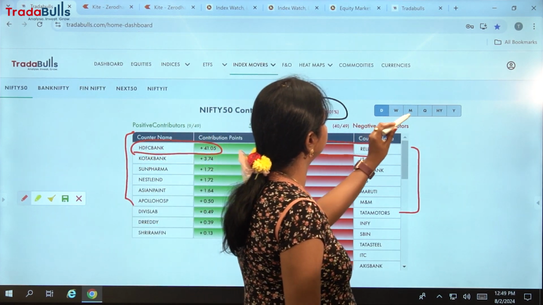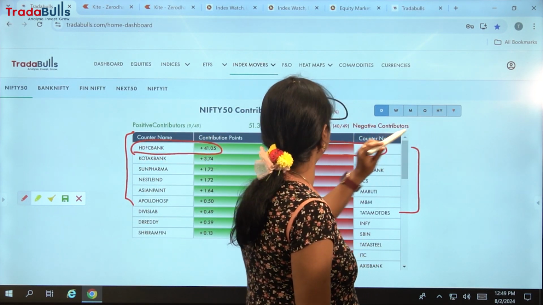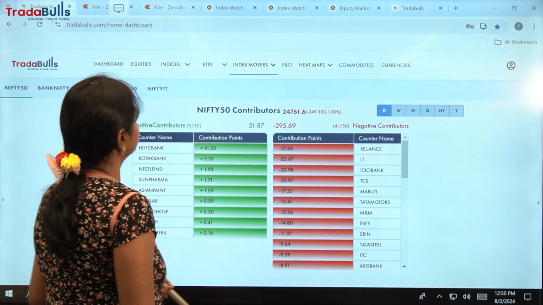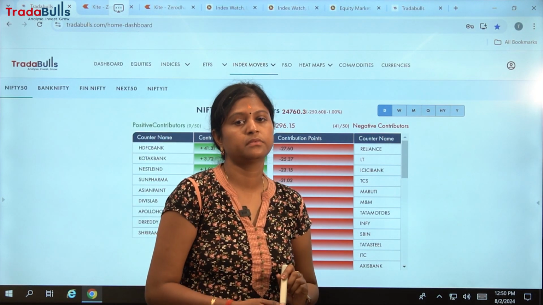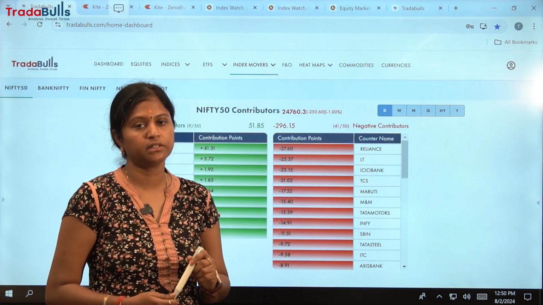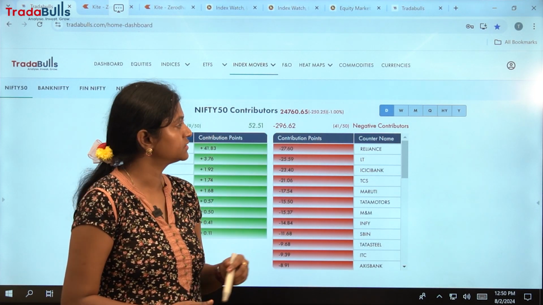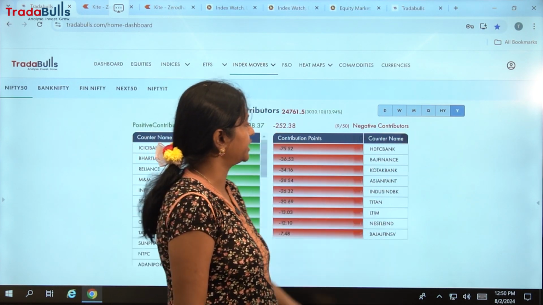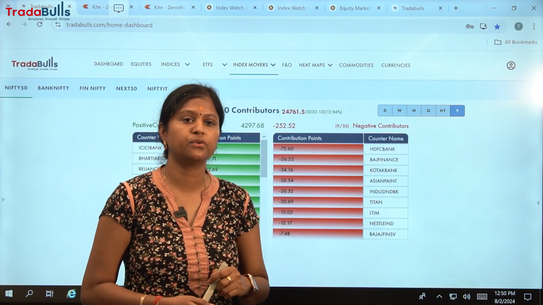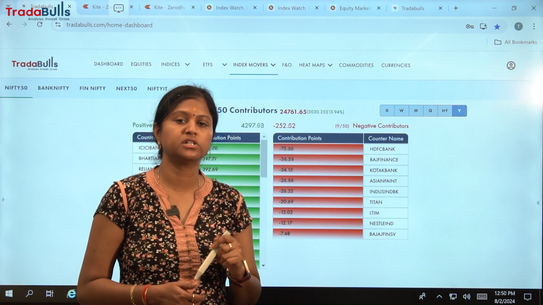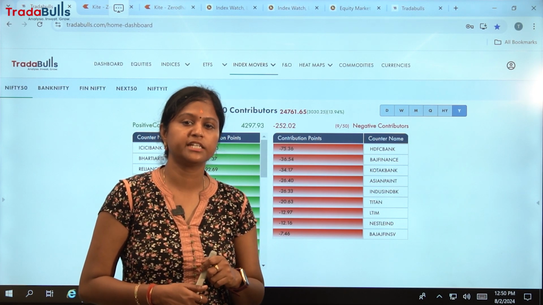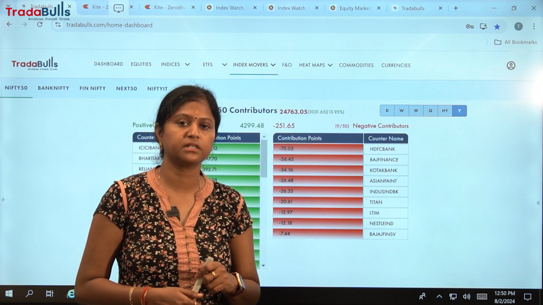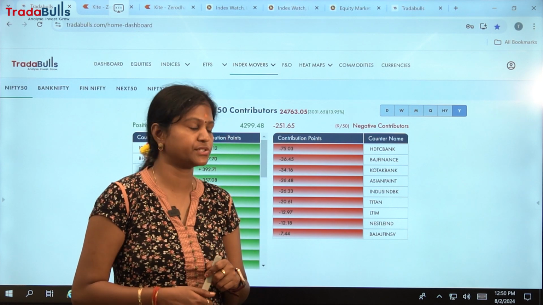However, investors would go for the long term, like quarterly, half yearly, yearly. So let's take a yearly time frame and see which counter has the highest positive contribution and which has the lowest negative contribution.